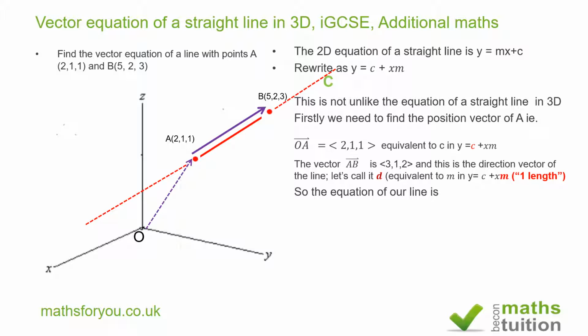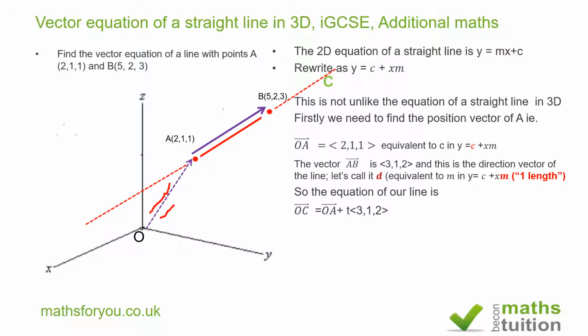We have to go from O to A, down the direction vector, up to C. So this is not unlike what we did in 2D vector geometry. So vector OC will then be vector OA plus a multiple of the direction vector.